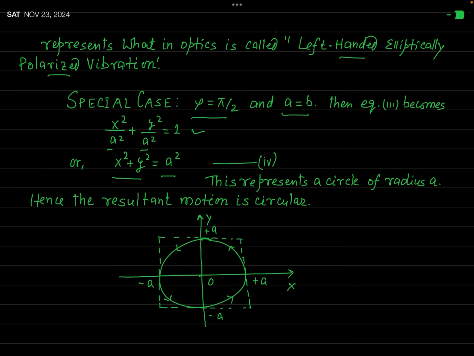In a converse manner, you can also say that a uniform circular motion can be resolved into two simple harmonic oscillations at right angles to each other, their amplitudes being equal while their phases differ by pi by 2.